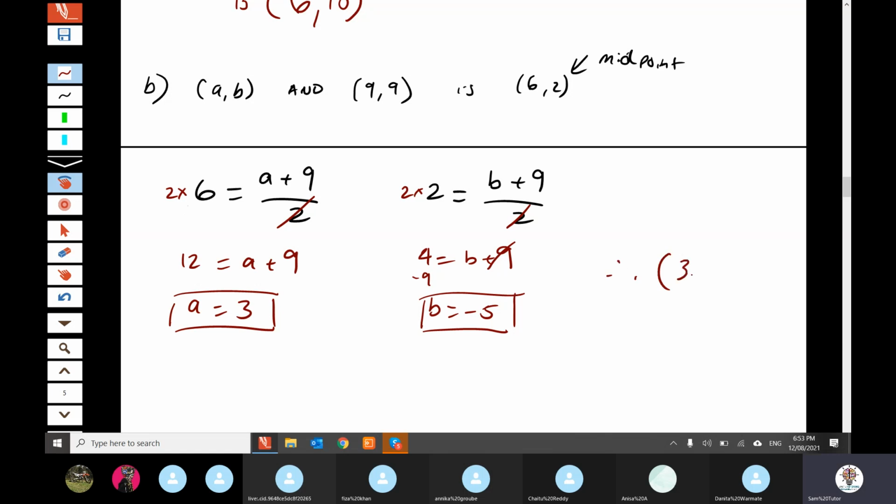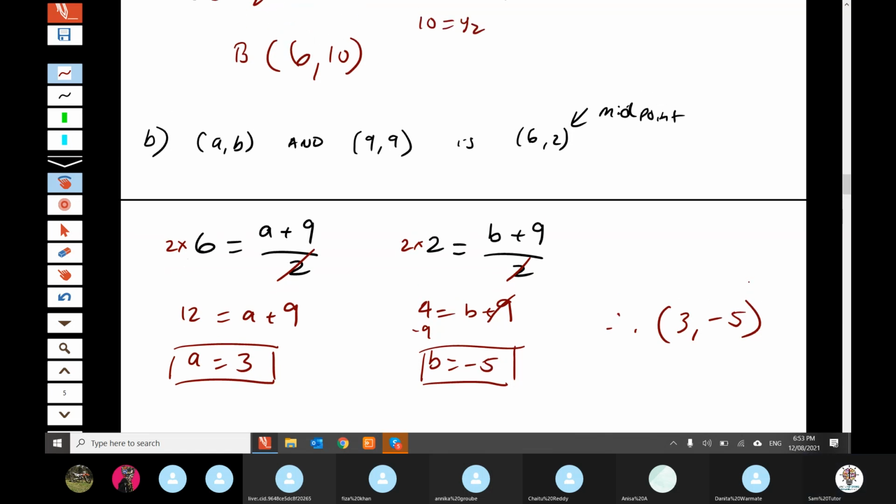Therefore, it's 3 and negative 5. Any questions there? Anissa, are you getting confused again with this? No, this makes sense.